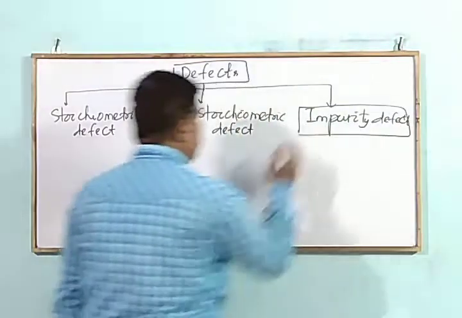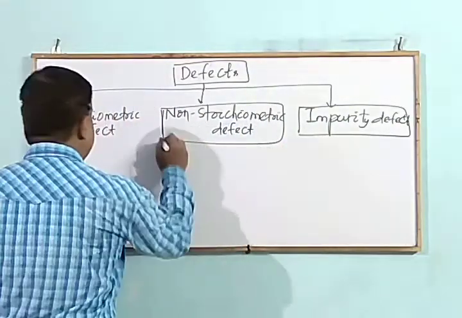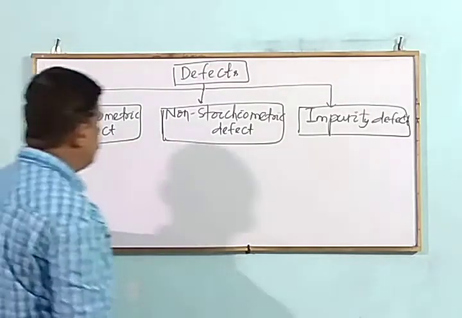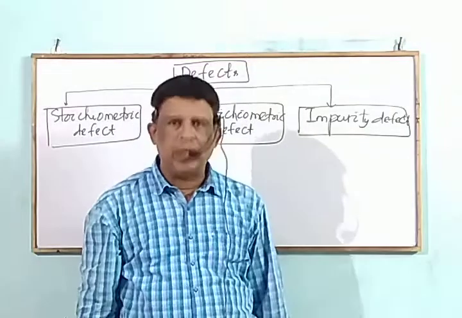Mark that. The point defect is classified into three types. One is known as stoichiometric defect, one is known as non-stoichiometric defect, and one is known as impurity defect.